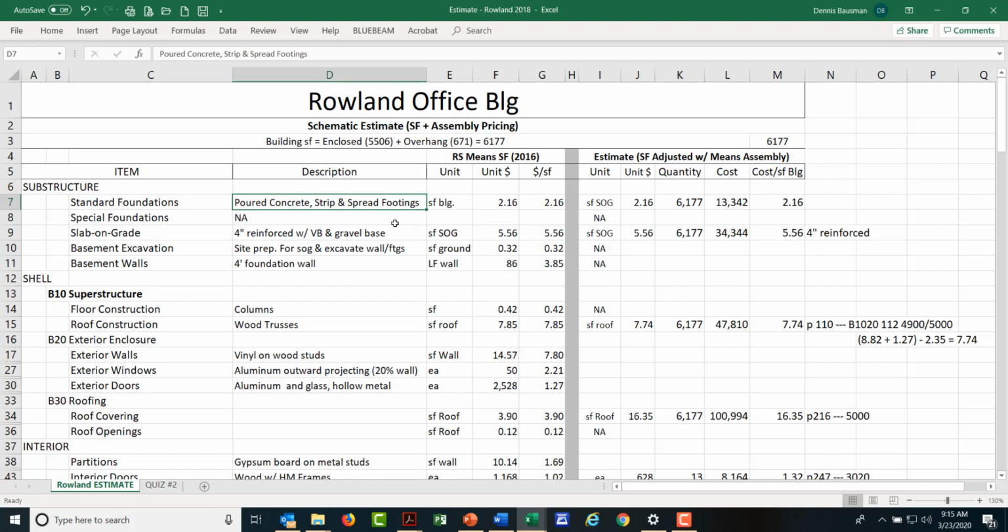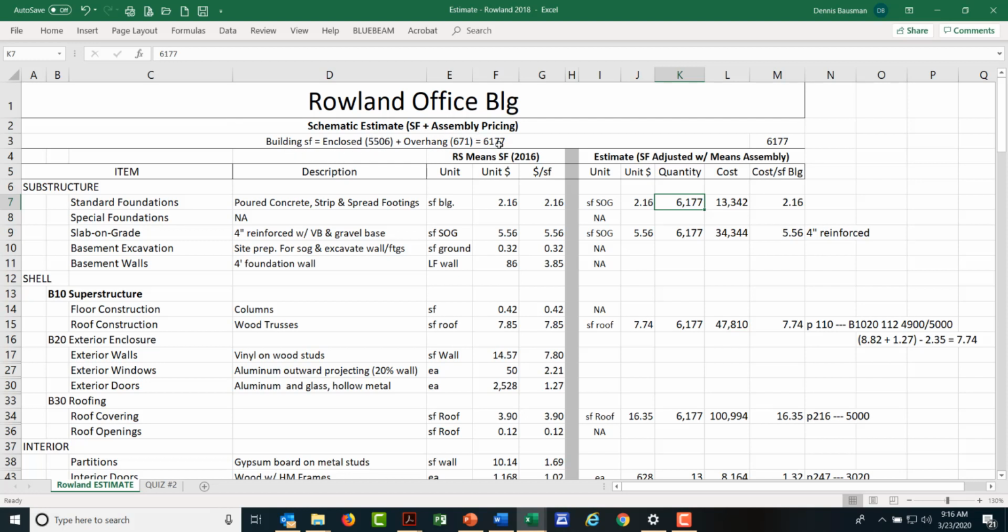I have no reason to believe that's not reasonably comparable to our Roland office building if we're in a conceptual stage. So I went ahead and transferred that over, square foot of slab on grade. And notice now, I've actually had to determine the actual square footage of this building.